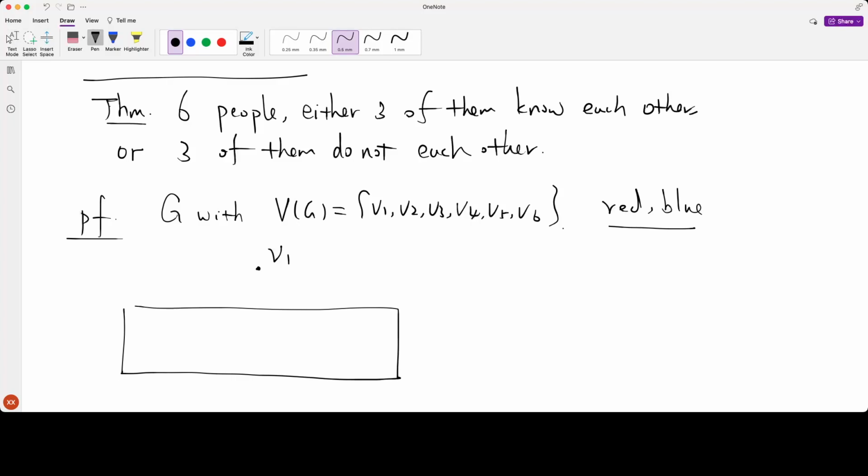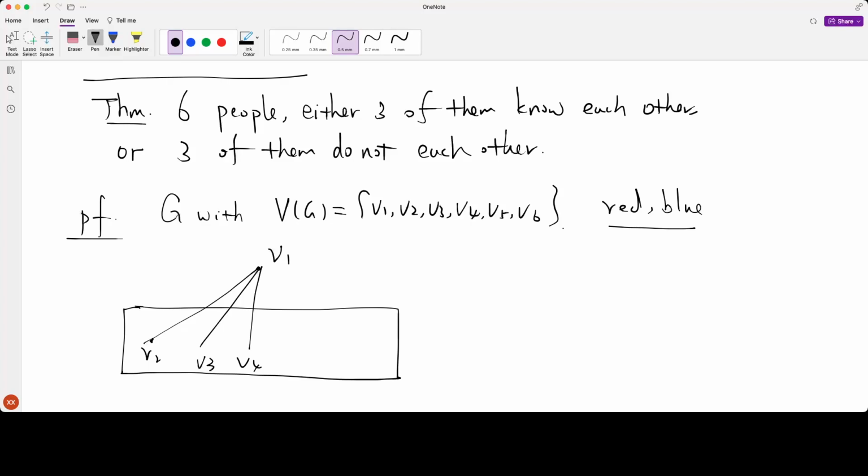So I have to consider everyone. V2 knows V1 or not, V3 knows V1 or not. I consider every pair. So I claim that by the pigeonhole principle, at least 3 people have the same state with V1. What I mean is that maybe I have 3 people, V2, V3, V4, who know V1, and the other 2 don't know V1.